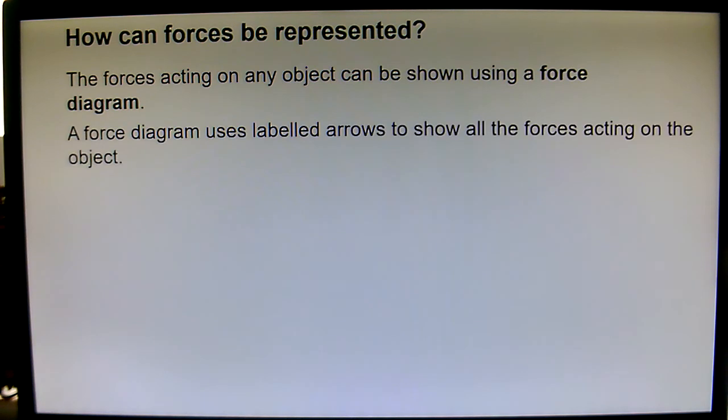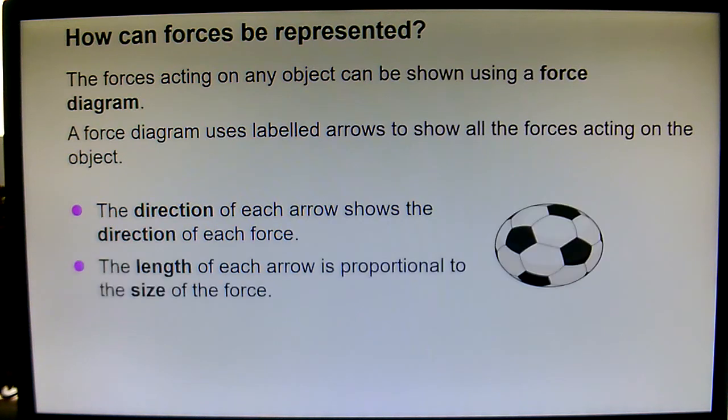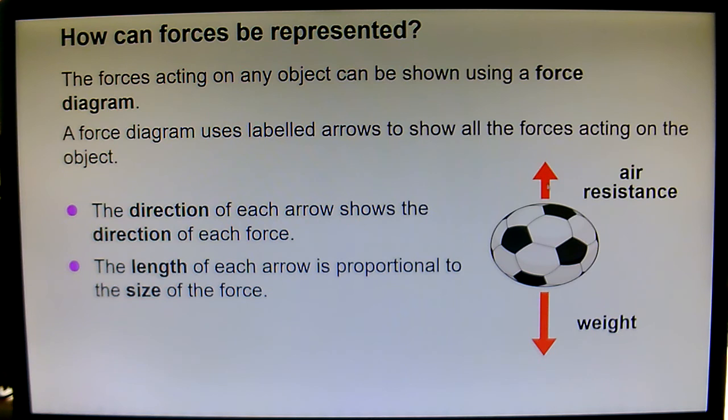What you need to remember is that the arrow shows the direction that the force is working. The second thing is that it also represents the size of the force. So these arrows are really, really useful. In this case, we've got a football, and we've got air resistance pushing up against the football, so this is a ball that's in the air, and we've got weight or gravity pulling that ball down.